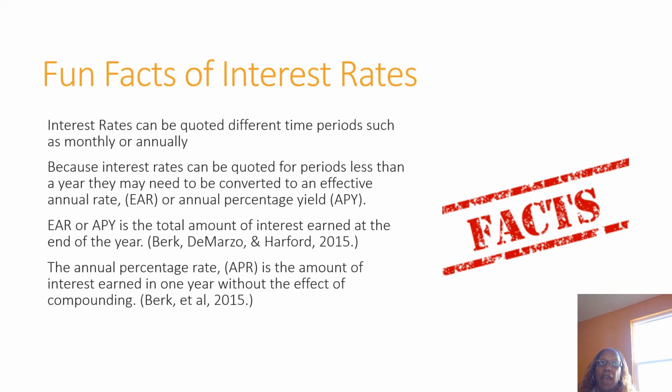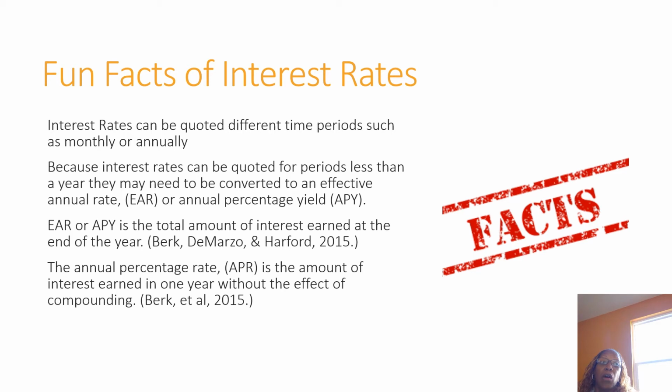Here are a couple fun facts of interest rates. Interest rates can be quoted for different time periods such as monthly or annually. Because interest rates can be quoted for periods less than a year, they may be converted to an effective annual rate, an EAR, or annual percentage yield, which is an APY.